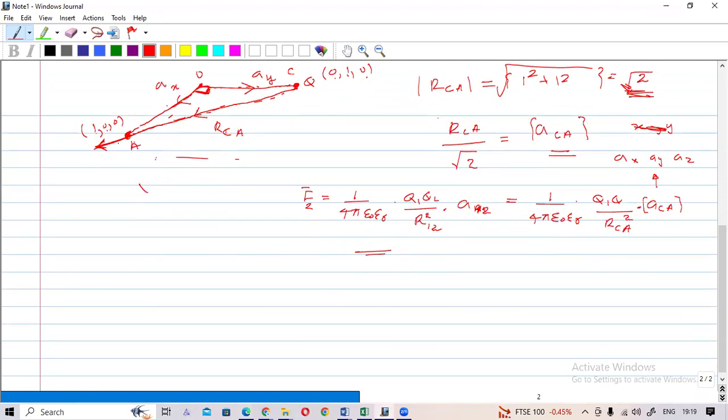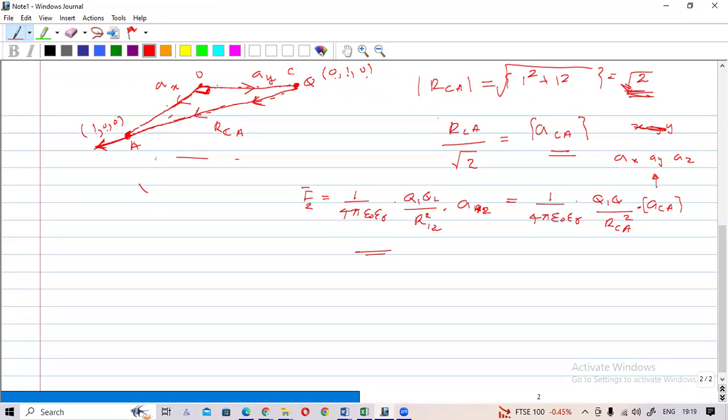So here, see that. If you consider this one, AY and this one. So this vector plus this vector is equal to this vector.